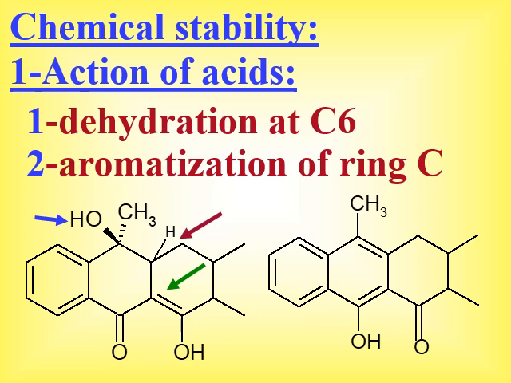Then the double bond shown in ring B, shown by the green arrow, will undergo rearrangement, forming the right one, which is the aromatization of ring C. This compound is known as anhydrotetracycline. So strong acids convert the tetracycline to anhydrotetracycline by dehydration and aromatization.